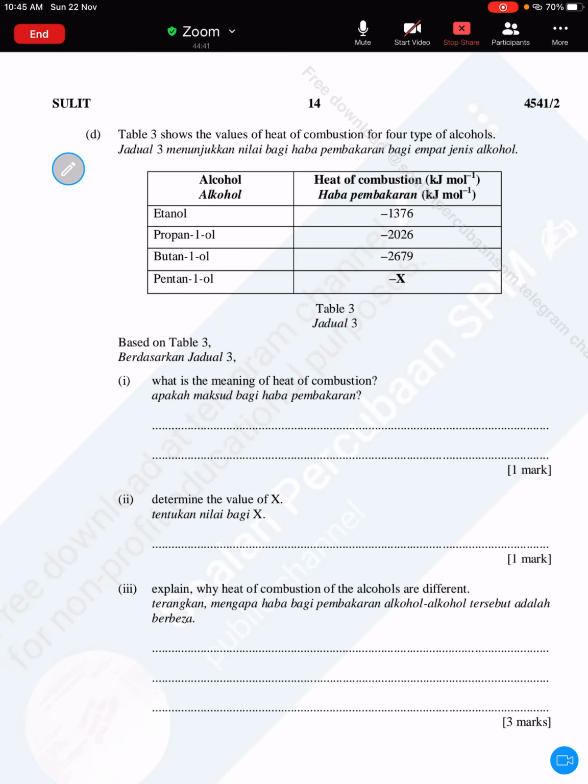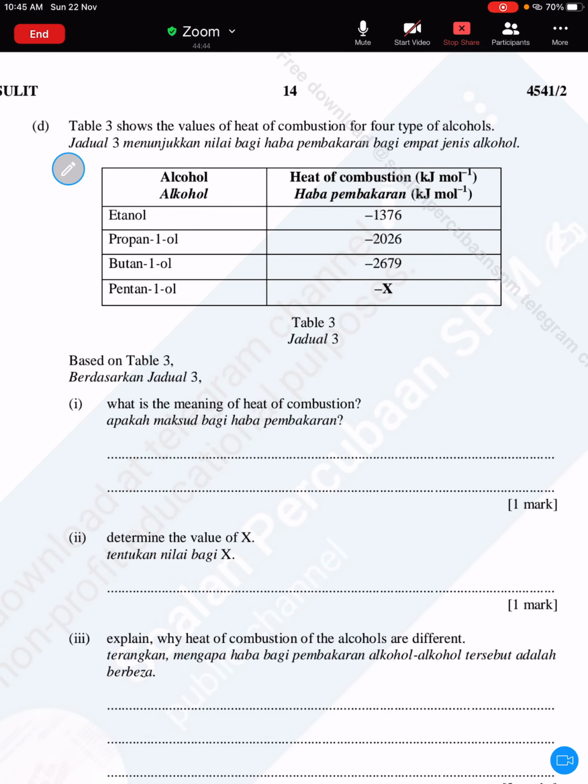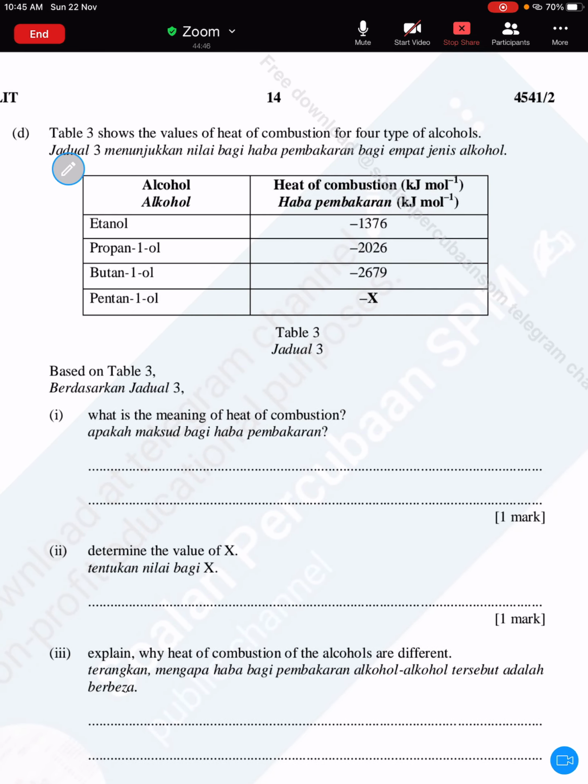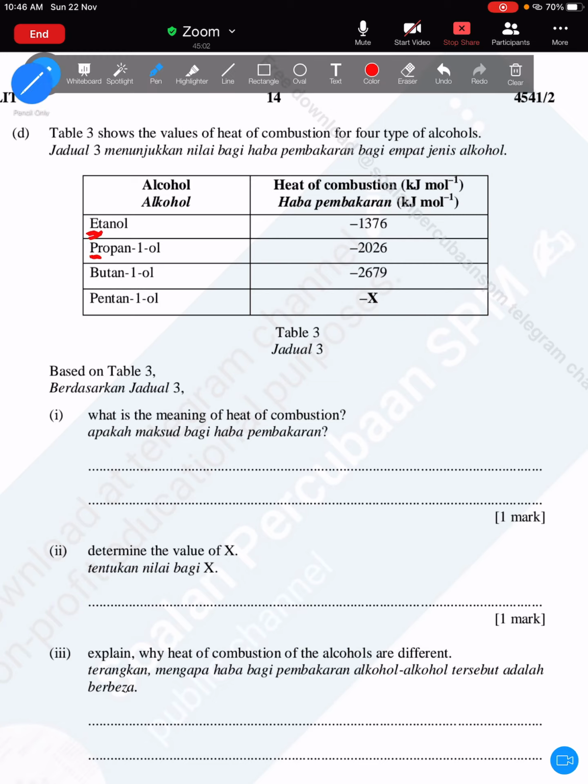Alcohol. Oh, about the heat of combustion, more or less the same thing is going to happen. Table 3 shows the value of the heat of combustion for 4 types of alcohol. What can I notice? From the diagram, I notice the more carbon I have, because in carbon compounds you have learned meth, eth, prop, but, pent, hex, hept, oct, non, dec, the more carbon you have, the heat of combustion increases as well.